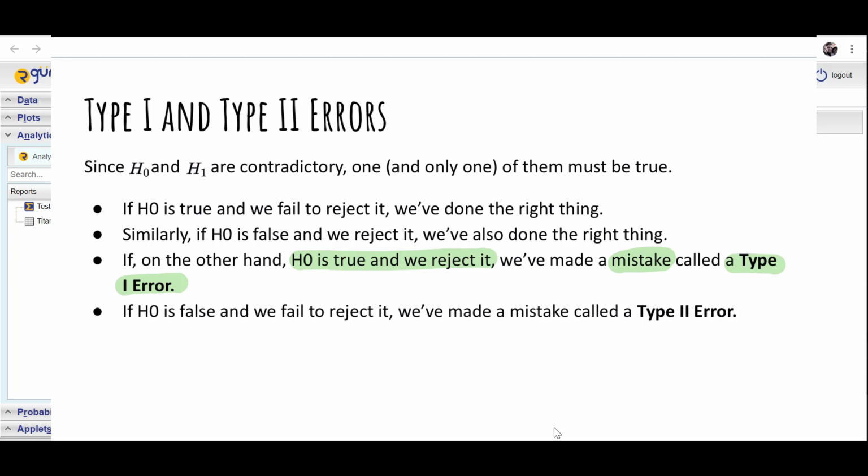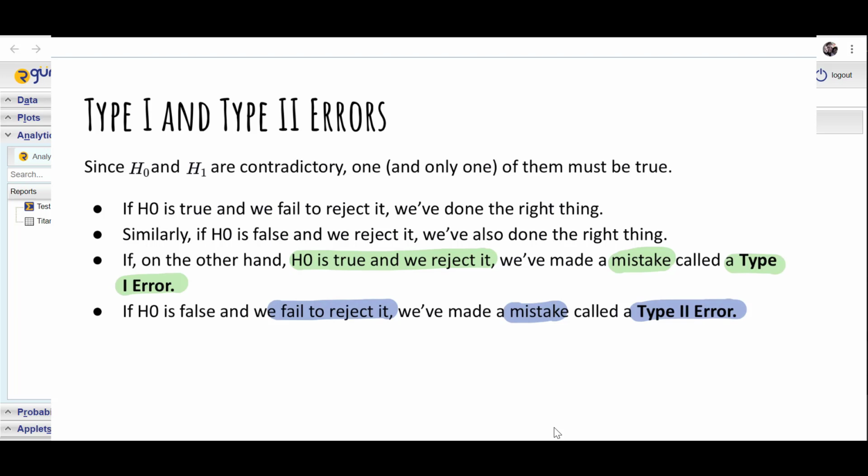If you fail to reject the null and that was a mistake, because the null is actually false, then that's called a type 2 error. Because if the null is false, you should reject it. But if you fail to reject it instead, making a mistake, that's called a type 2 error. So type 1 errors happen if you reject the null and it was the wrong decision.